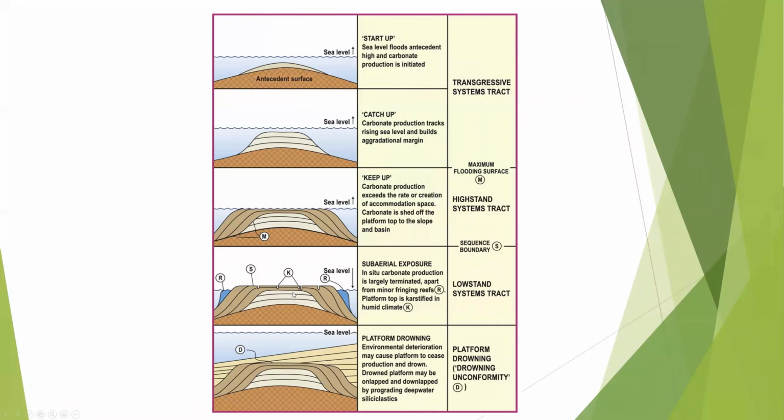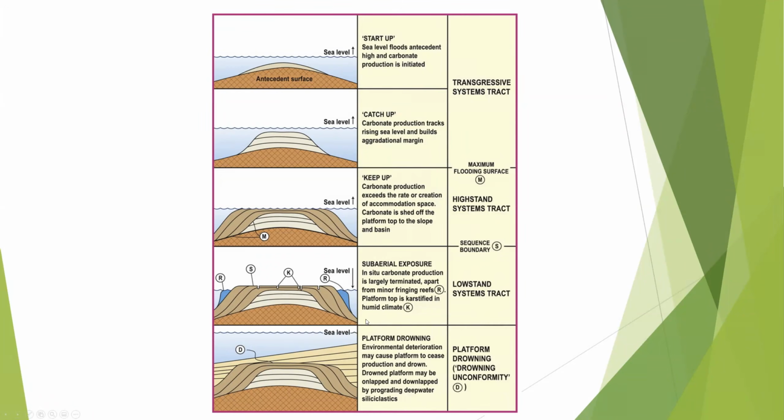At the lowstand, the sea level goes down below the shelf break, and these sediments are affected by, for example, the rivers and the rainfall, and they will be leached, and that also creates porosity for us.